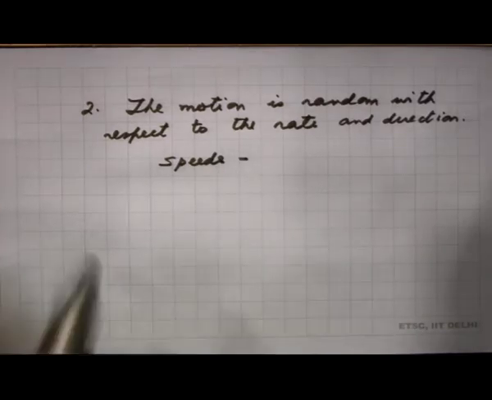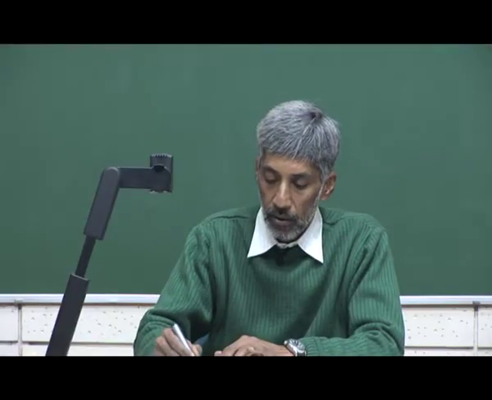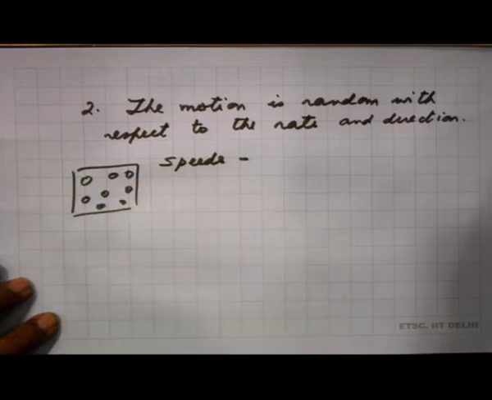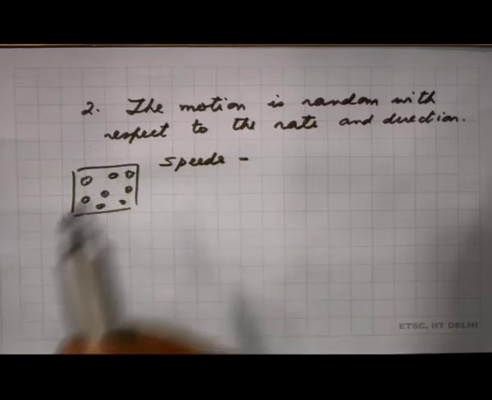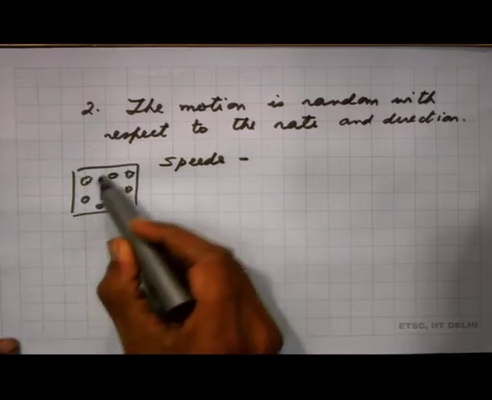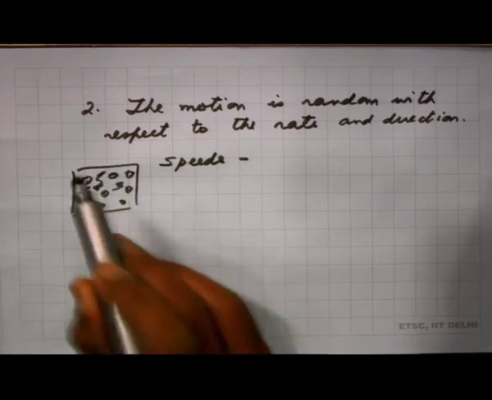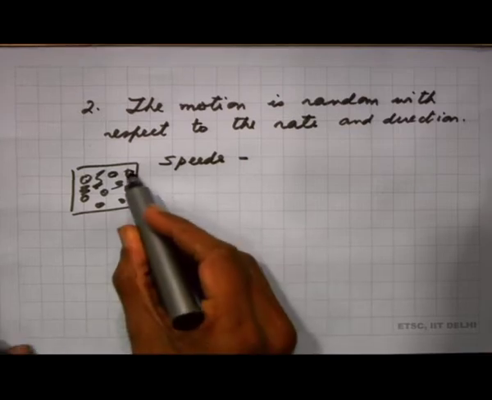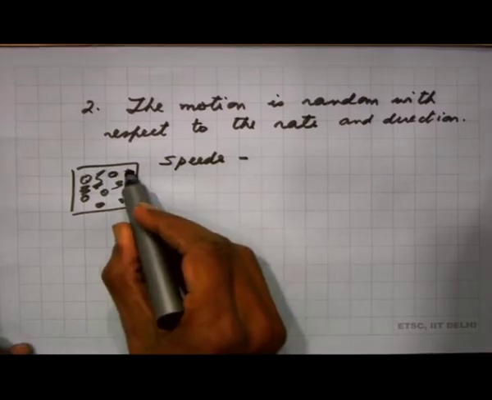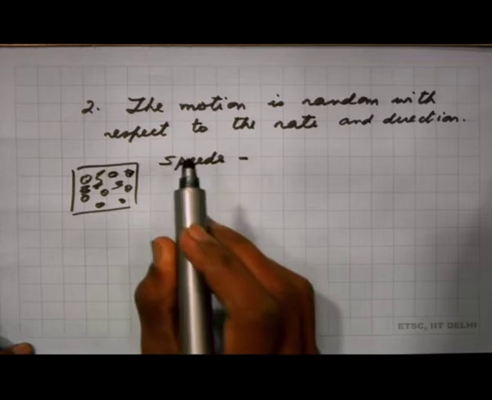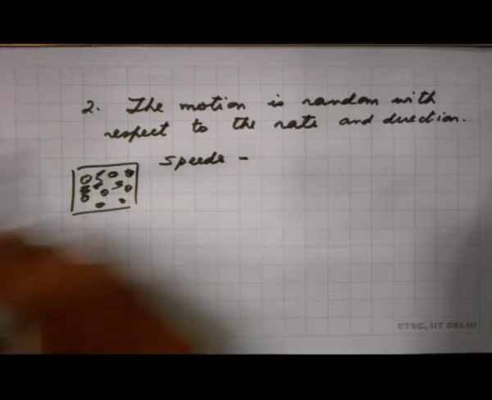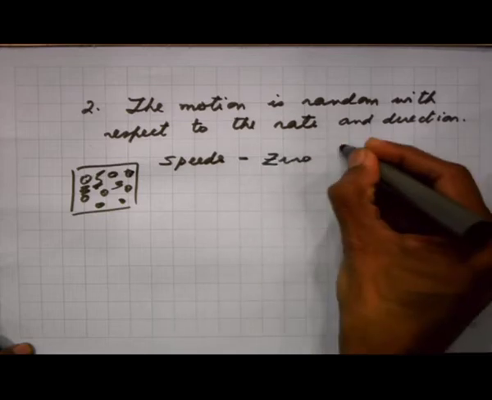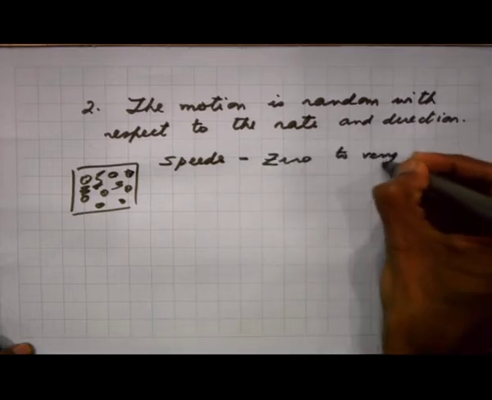You are taking a sample of a gas composed of a lot of molecules, and the first part said that these molecules have all the mass, and the space contributes nothing to the mass. There is a lot of empty space in it, and each molecule could in principle have speeds that range from 0 to very high values.